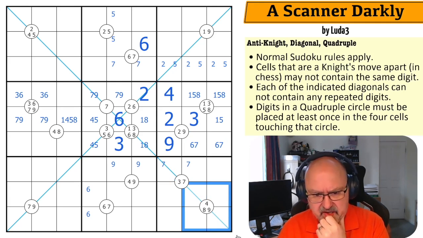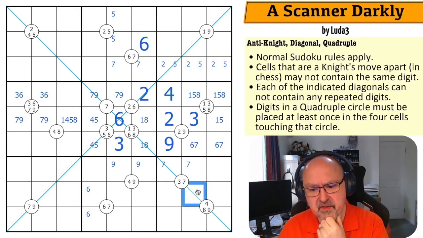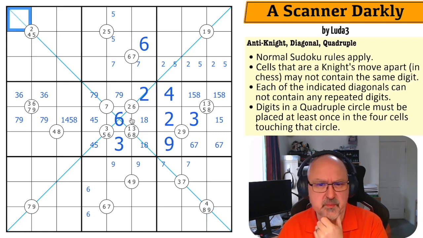4, 8, and 9 are in here. So there must be at least one of 4, 8, and 9 in here, which is going to interact with these cells, but I can't see how.